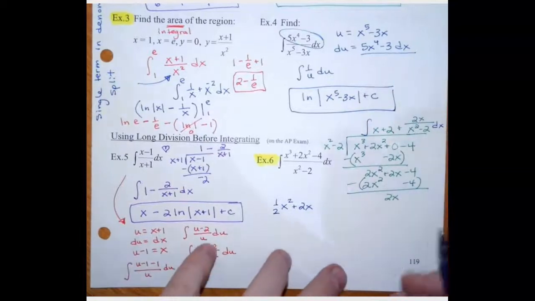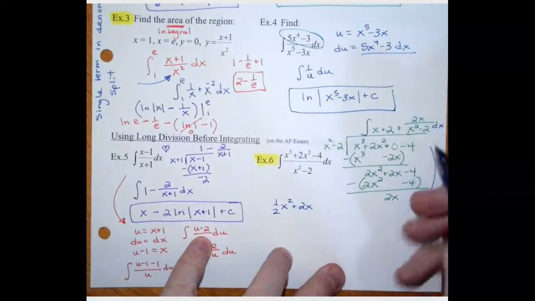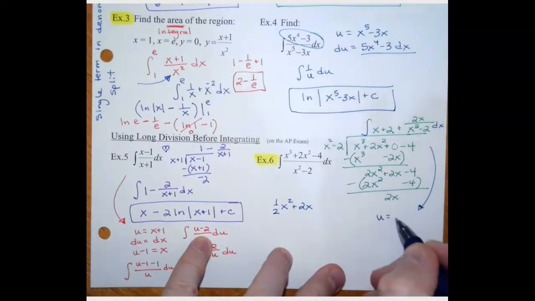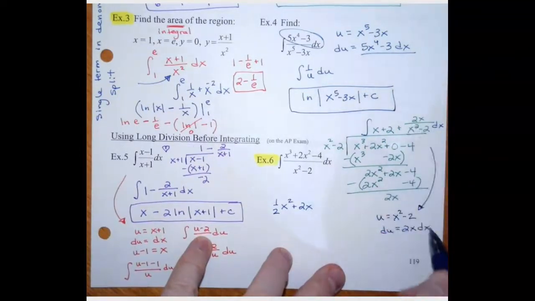That's where we might want to use a u substitution to integrate that. And we can tell because the degree of the numerator is 1 less than the degree of the denominator. So if u is x squared minus 2, du will be 2x dx. And we do have a 2x dx there. That's nice. That works out perfectly.